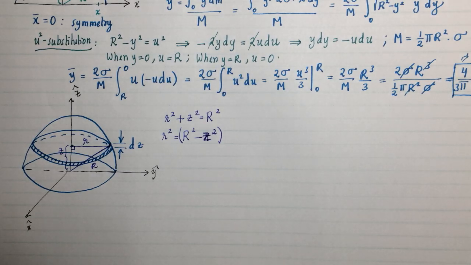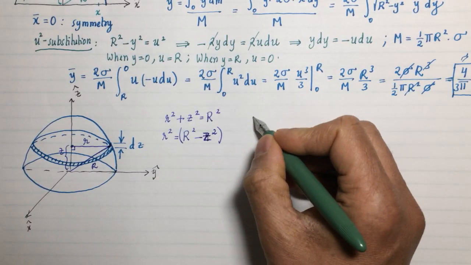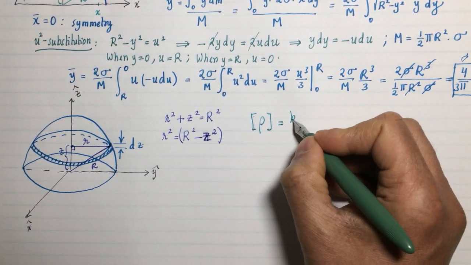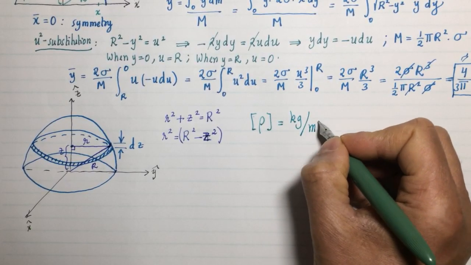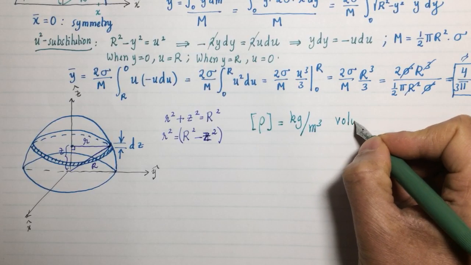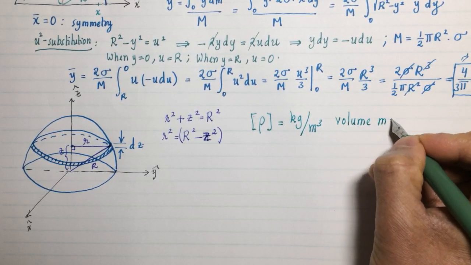Now, just as we had in the previous problem a mass density sigma, now we're going to have the mass density rho. This is what you know to be standard mass density. Its units are kilograms per meter cubed, and that's called the volume mass density.